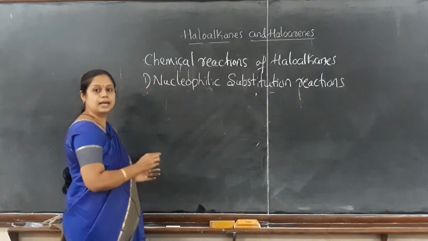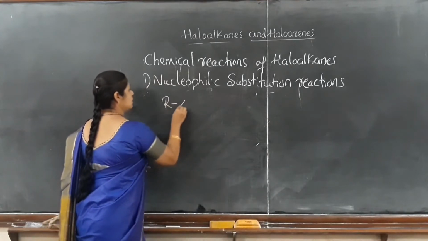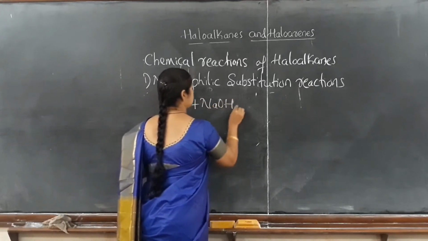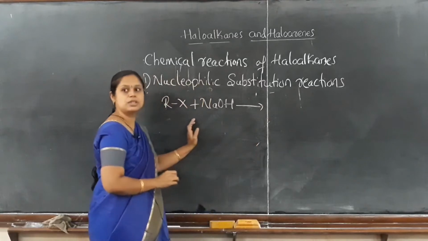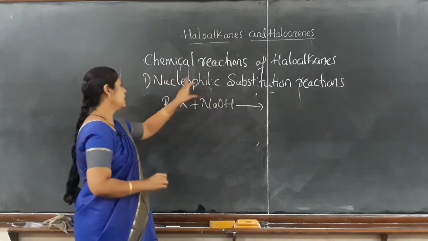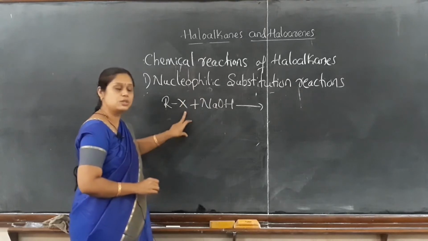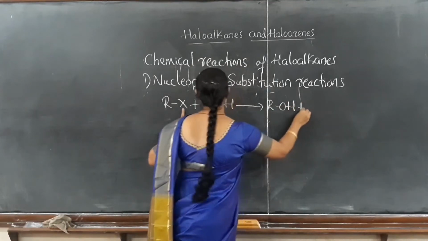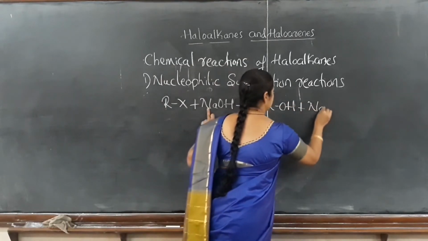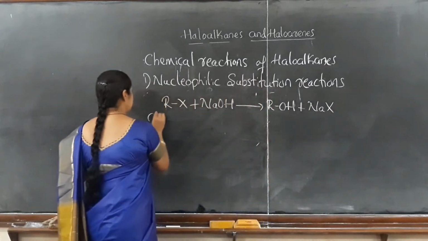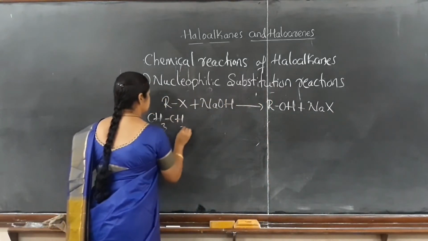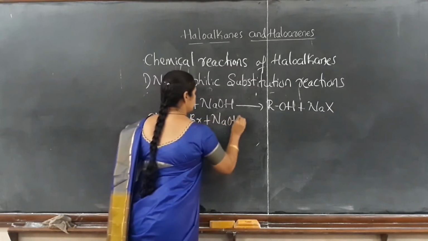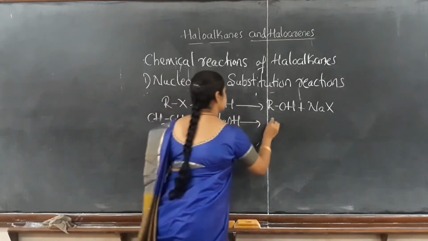When an alkyl halide is treated with sodium hydroxide, there is a formation of an alcohol. The OH replaces or substitutes the halogen, forming an alcohol, and NaX is formed. Let me take an example: ethyl bromide, when treated with NaOH, forms an alcohol.